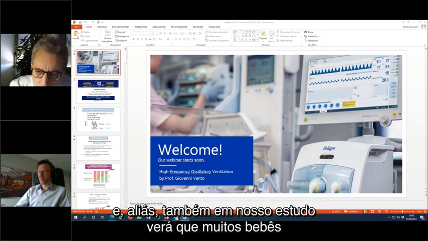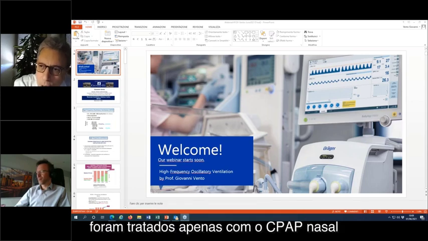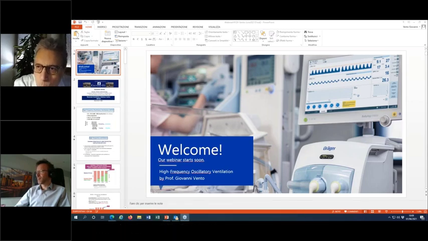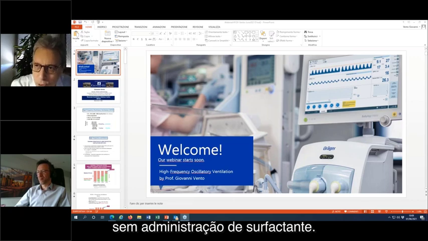And in effect, also in our study, you see that a lot of babies were managed only with nasal CPAP without any surfactant administration.